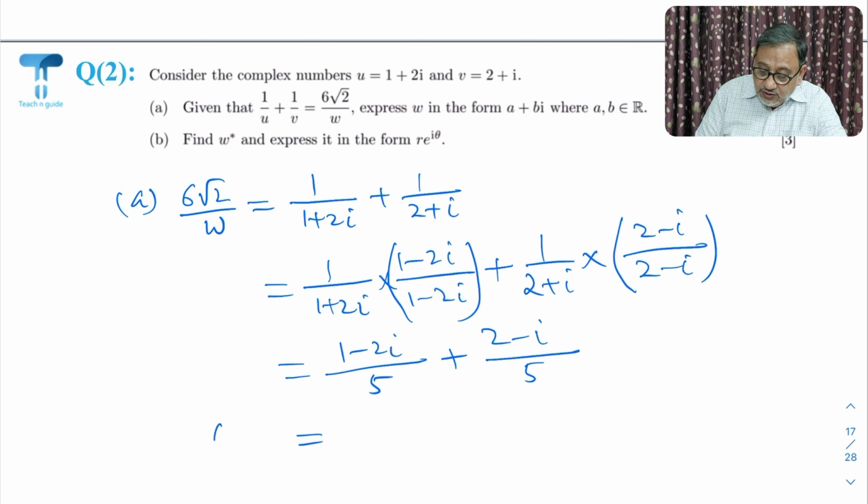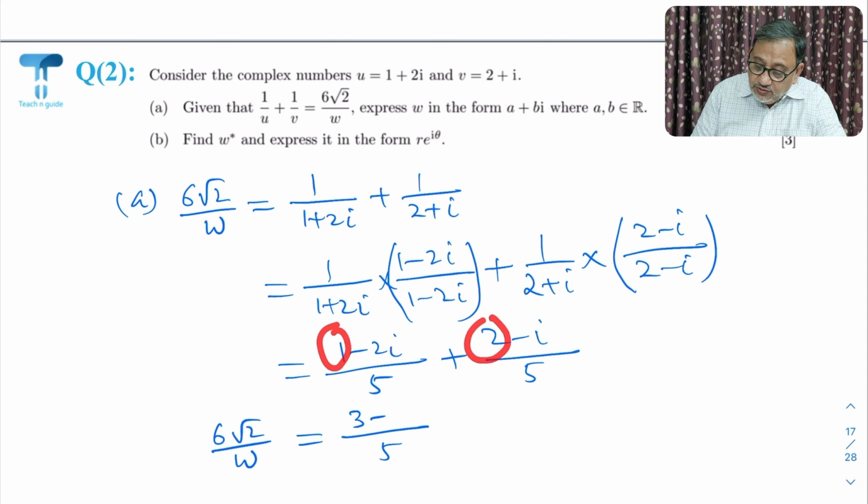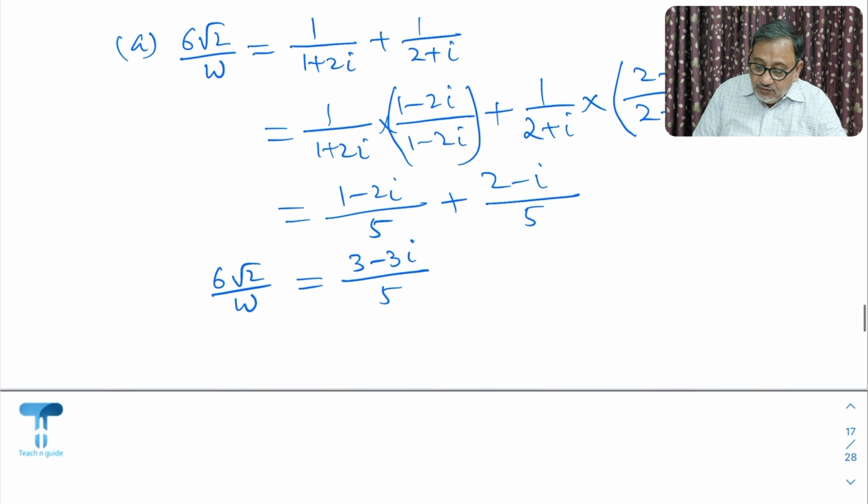So both are together, we can simplify them together. So 5, and 1 plus 2 is 3, and minus, look here, minus 2i and minus i is minus 3i. Okay. Now they want w.